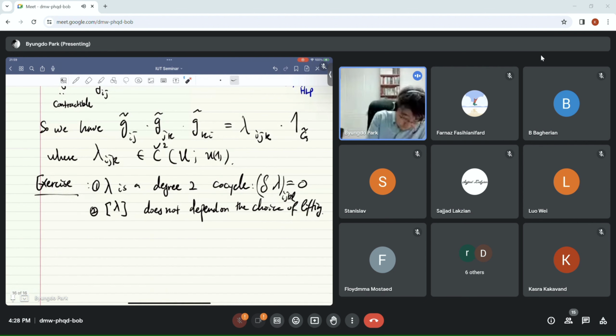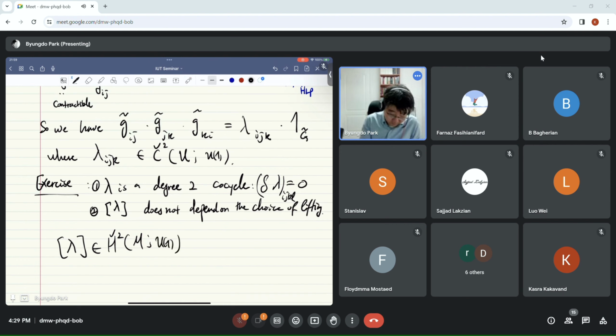So we get this. This lives in degree 2 Čech cohomology class. Because M has a good cover, this being U or M doesn't matter. They're isomorphic. And this is isomorphic to degree 3 integral cohomology.